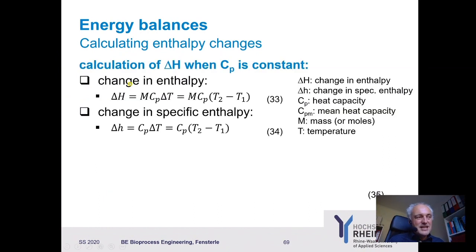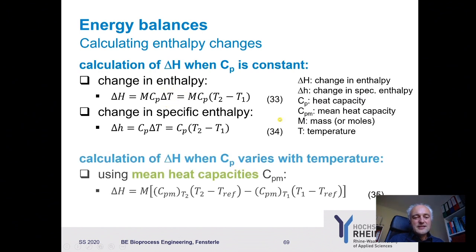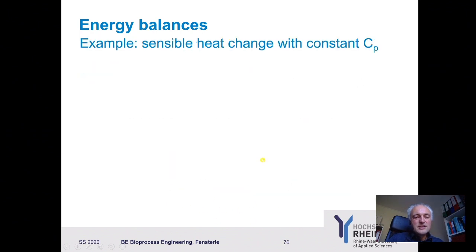Again, this is repeating what you have already had. Now, if you want to calculate delta H, the enthalpy change with respect to sensible heat, if Cp is constant, then you have this equation. Delta H is the mass times the heat capacity times the difference in temperature, and that's it. And if you have, of course, a variation with the temperature, you need to take that into account.